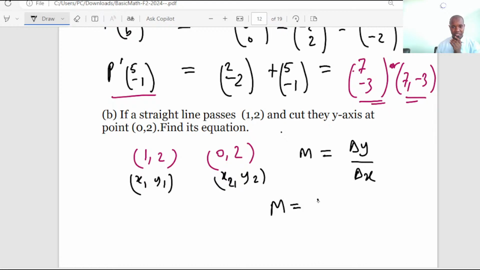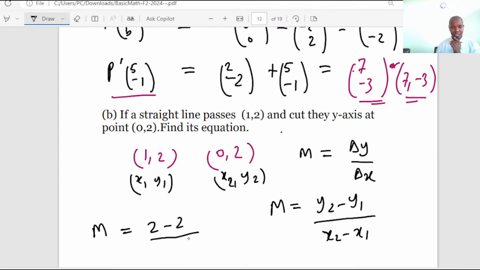The slope will be y2 minus y1 over x2 minus x1. Plug in the values, you're going to get the slope will be 2 minus 2 divided by 0 minus 1, and eventually you get 0. So the slope is 0.